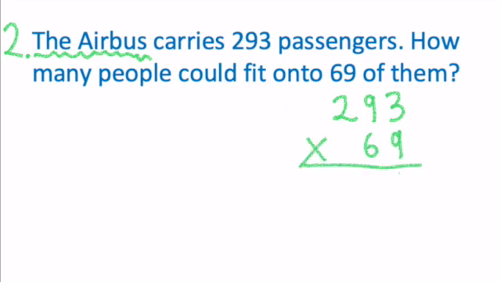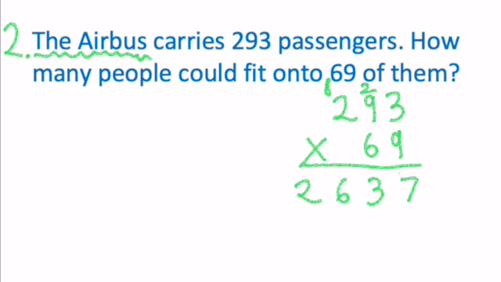So 9 times 3 is 27. Carry the 2. 9 times 9 is 81. Plus 2 is 83. 9 times 2 is 18. And 18 add 8 is 26.